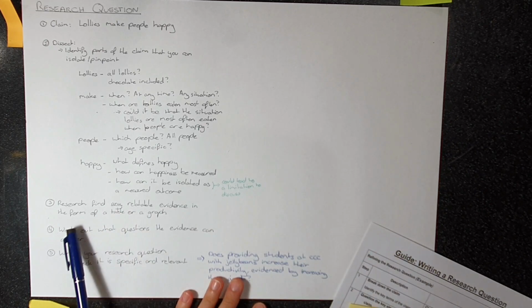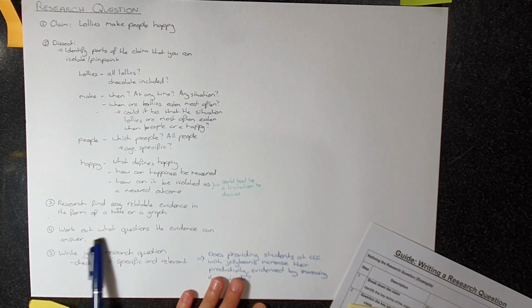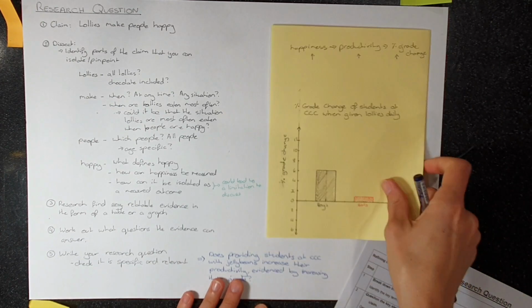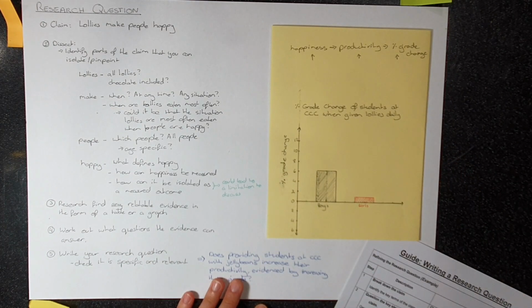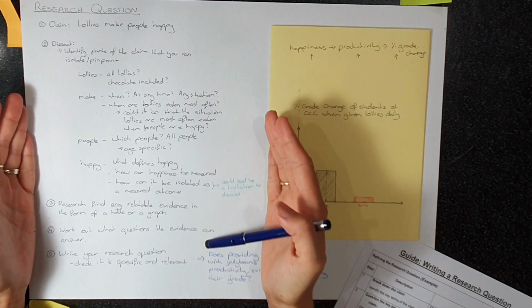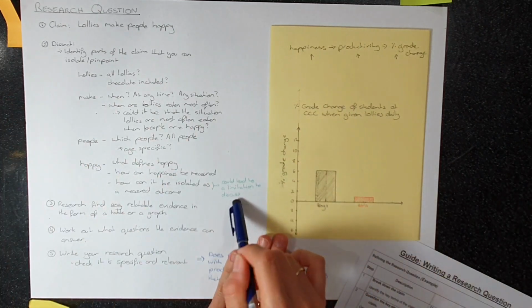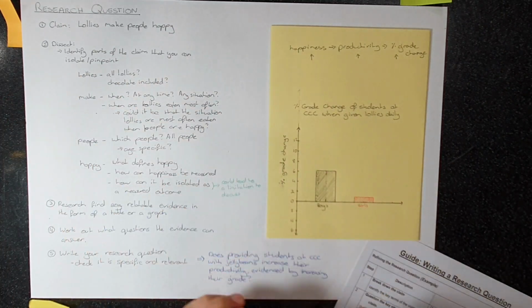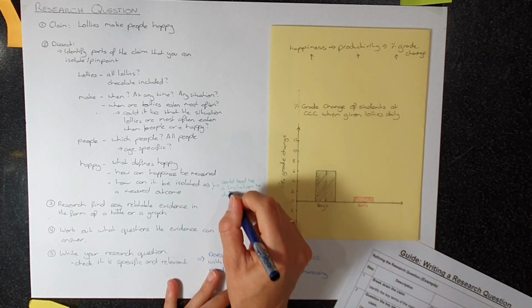And then you're going to find your data and write your final research question. Please keep your dissection of your claim because you can use it to work out the limitations that are going to exist in your data.